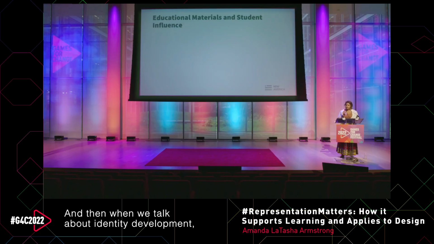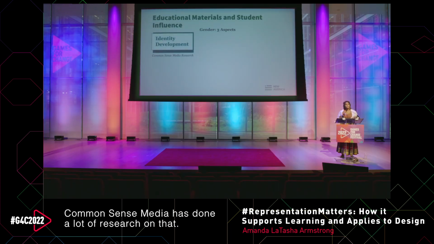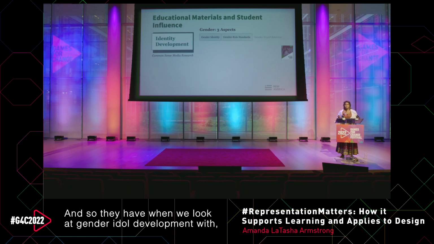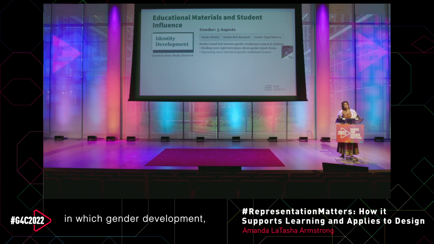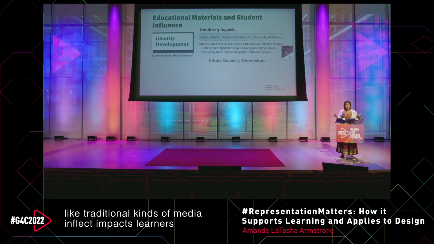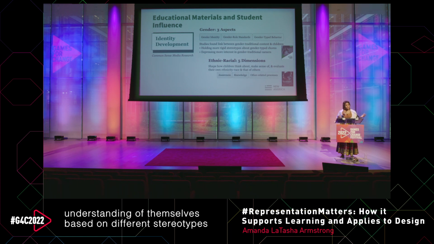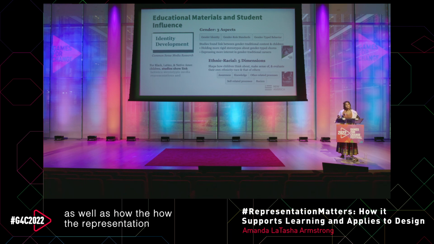And then when we talk about identity development, Common Sense Media has done a lot of research on that. They look at gender development, where they look at 3 aspects of it, and they find different ways in which traditional kinds of media impact learners' understanding of themselves based on different stereotypes, as well as how the representation of different gender identities impacts how they view careers.